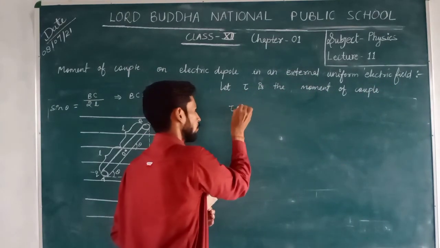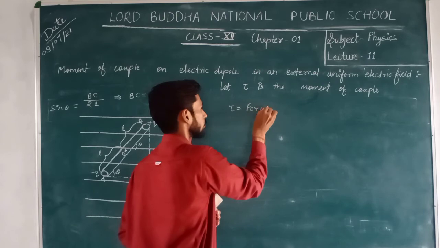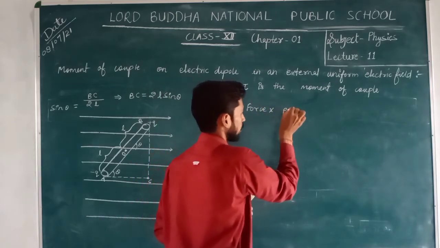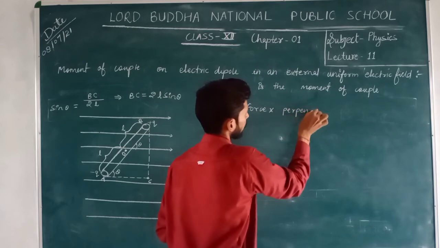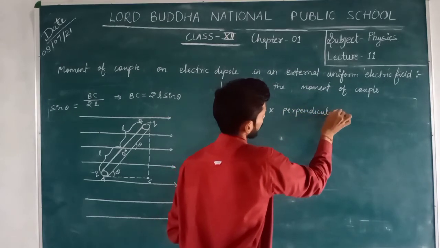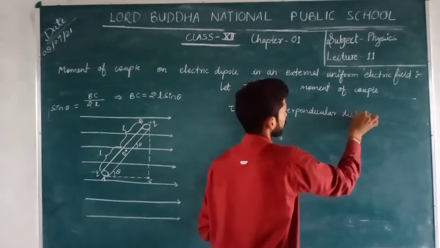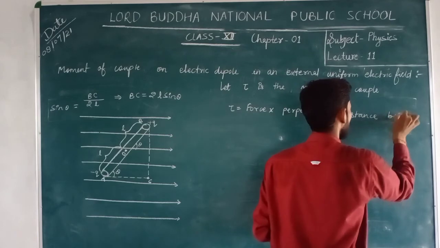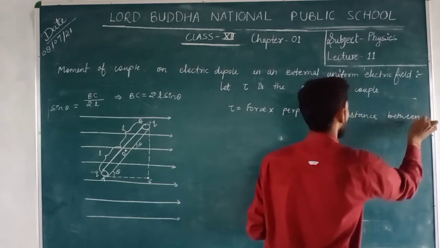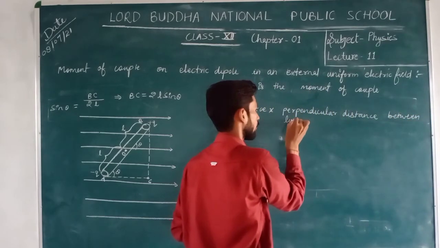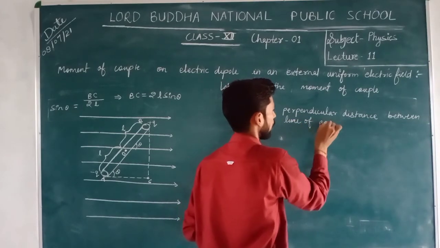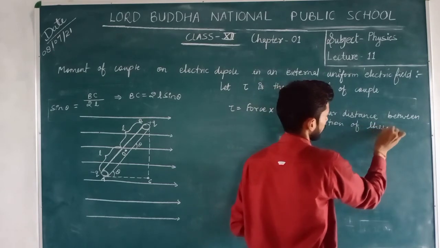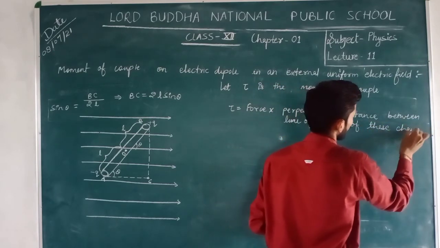So tau equals force into perpendicular distance between line of action of these charges.